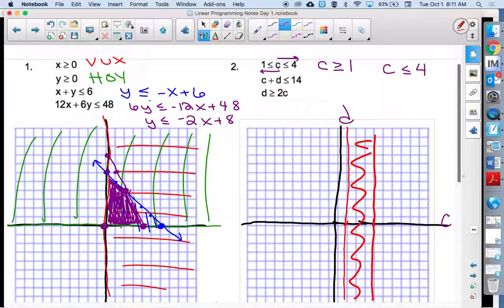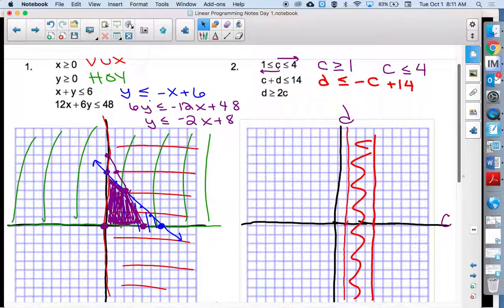So the second inequality says C plus D is less than or equal to 14. If I solve that in terms of D, D is less than or equal to negative C plus 14. I'm going to have to go up a couple extra. We could have moved our axis down as well, but that's all right.